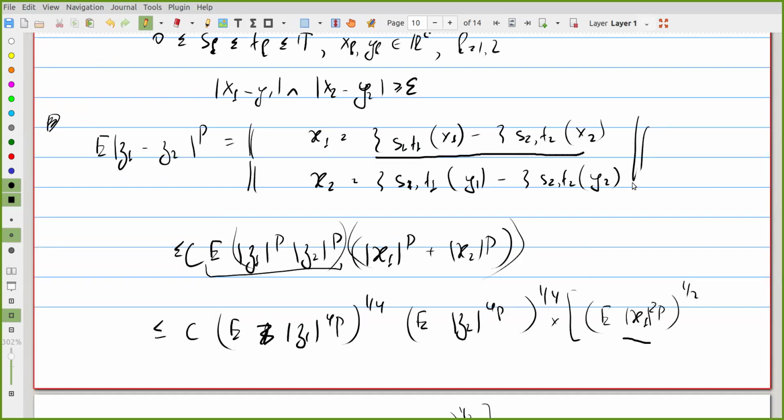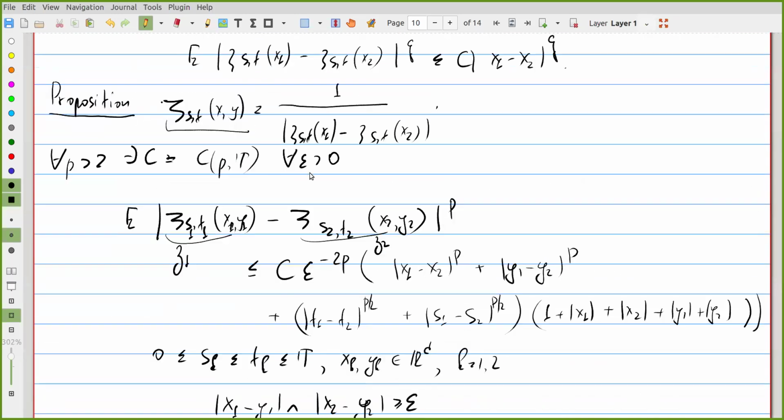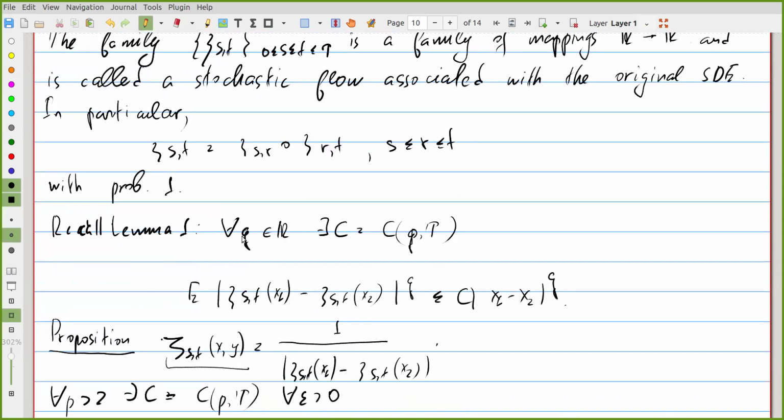Now this is the difference. We already have the estimate in what we discussed previously. And for this part, one can use this lemma because q now is negative.